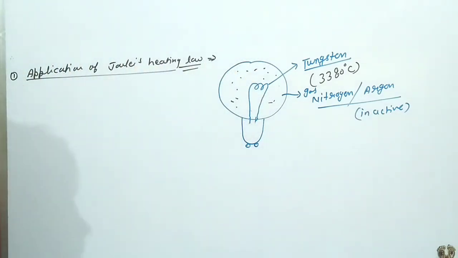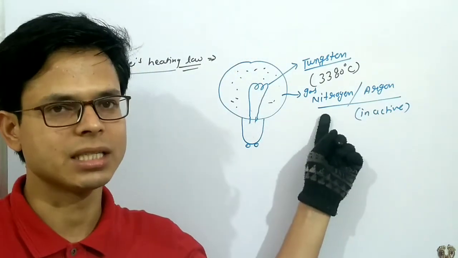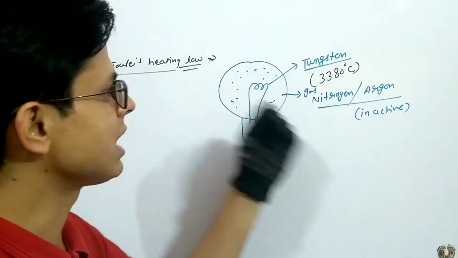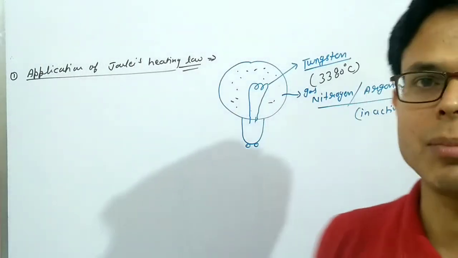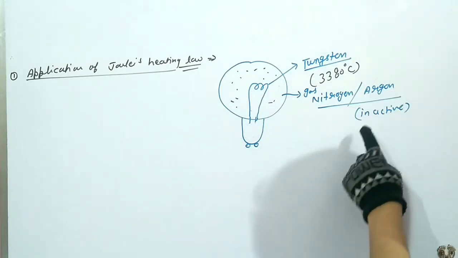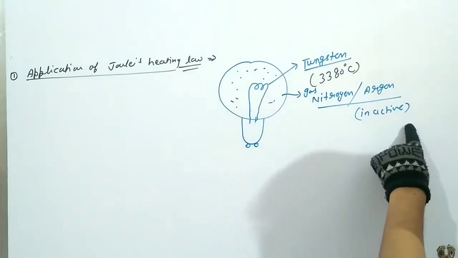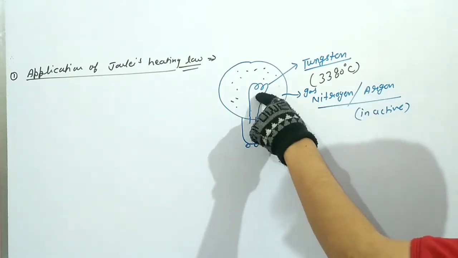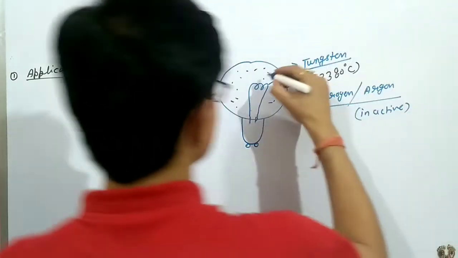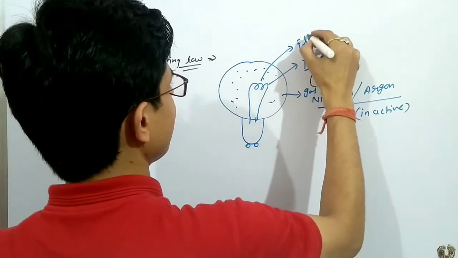You know that they are zero group elements. So which type of gases are filled inside the bulb? Inactive gases like argon and nitrogen. The filament, this is called filament.